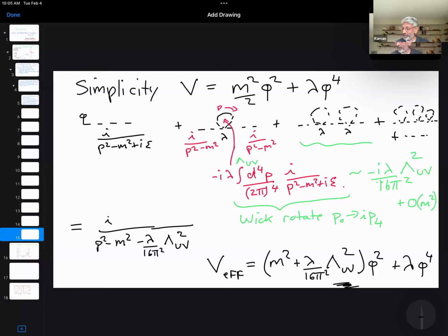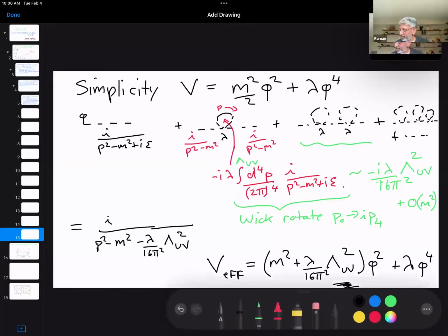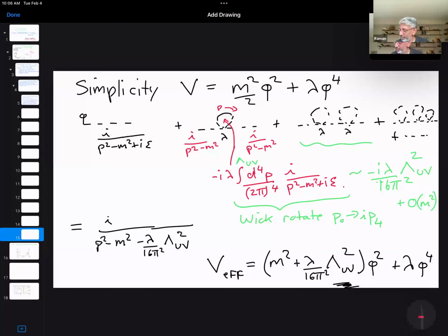I've dropped diagrams which could look more complicated at higher order. So there's a whole systematics of what is the dominant contribution to the effective potential, which I'm not going into. But the upshot is that the effective potential gets corrected, and in particular, the mass term is corrected in a big way because of this large ultraviolet cutoff. You could say that this is sort of an m squared effective.